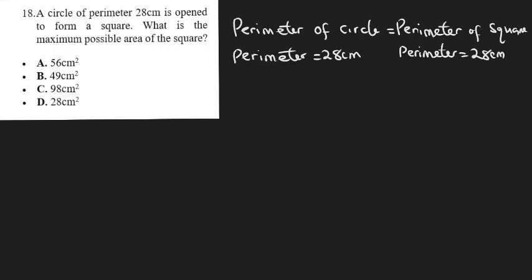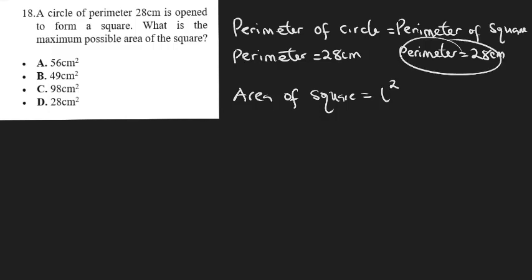So remember that the area of a square is given by what? Is given by L square, right? But the question is, do we know this L? Of course, no. So we're going to get this L from this perimeter, since the perimeter has been given.